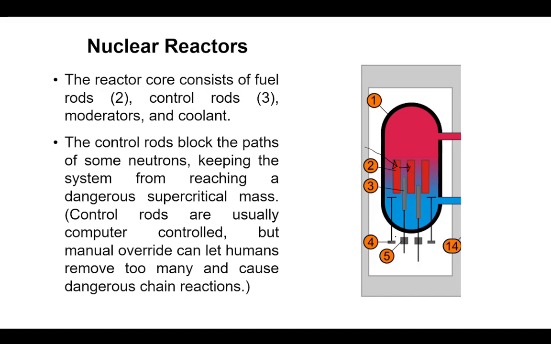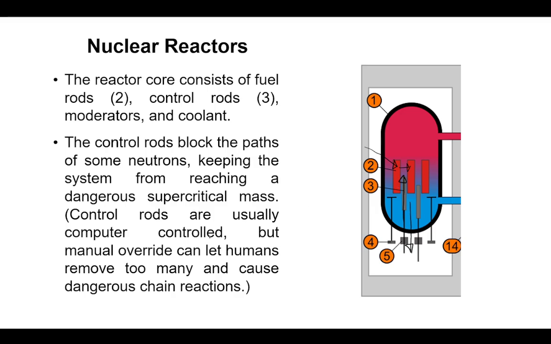But you also have these control rods shown here that you can move into or out of this critical mass area. And those control rods are really good at absorbing neutrons. So you can use that to mitigate the chain reaction from happening.